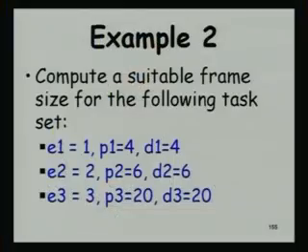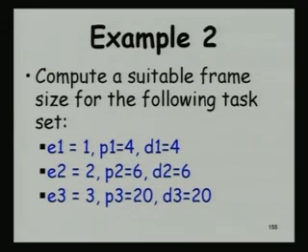Okay, so please try this one. 3 tasks: T1 has execution 1, period 4; task T2 execution 2, period 6; and task T3 execution 3, period 20.